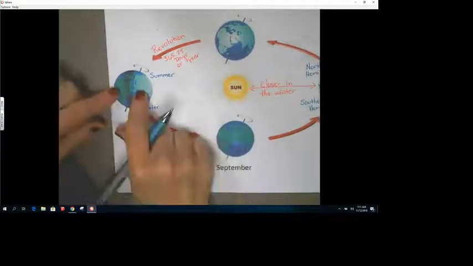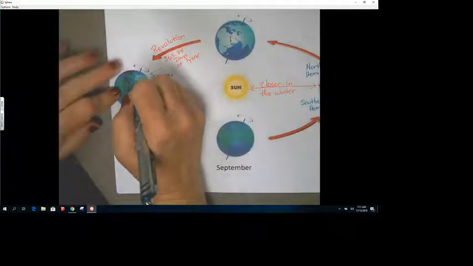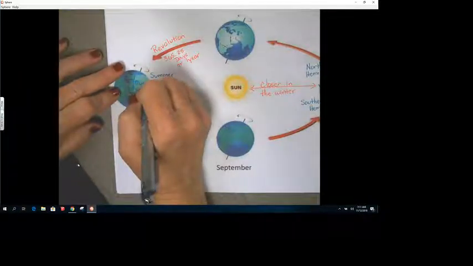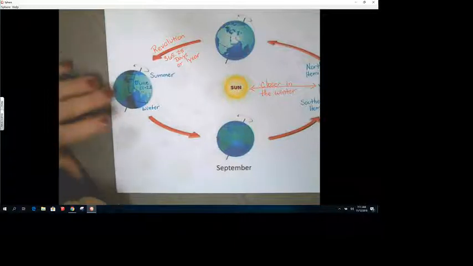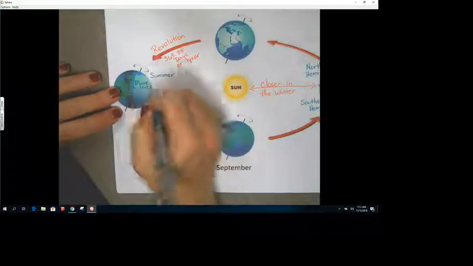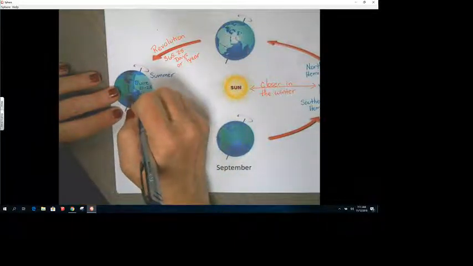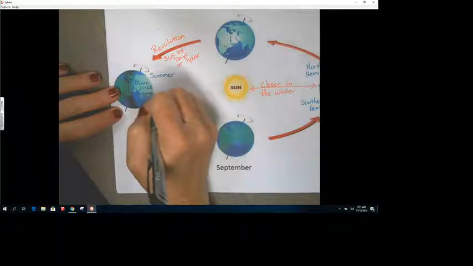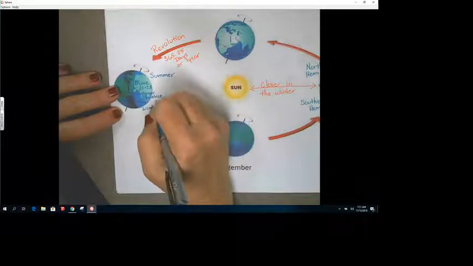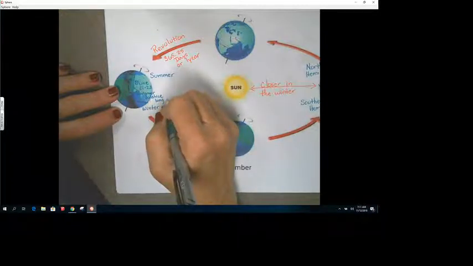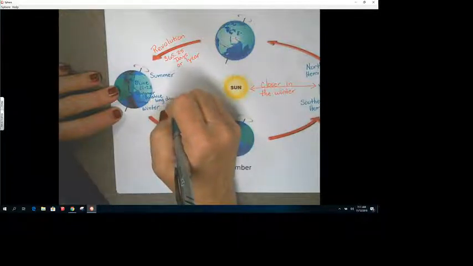In the summertime, we celebrate that in June. And June 21st to the 23rd, again, depending upon the calendar year, is when we have our summer solstice. And this means that we have the longest day, meaning the longest amount of daylight hours. Okay?